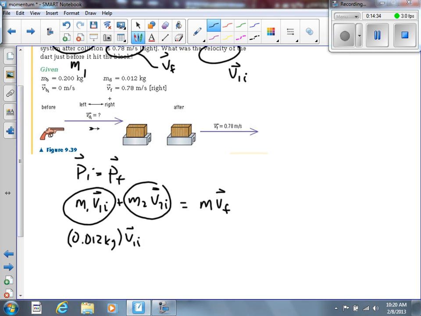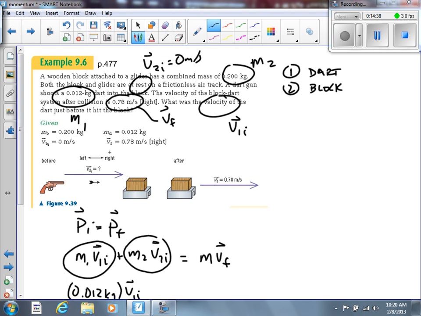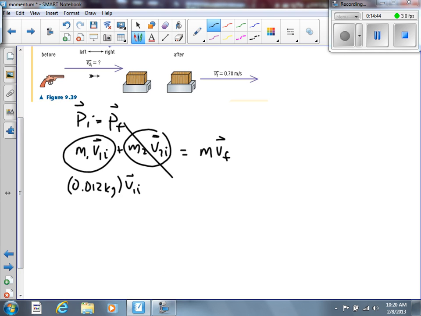What's the initial velocity of this block? The velocity of the block before the collision takes place. It's 0. So if we want to, we can just cross this term off. Because what's 0.200 kilograms times 0? 0. Now, if you want to write those variables in and do the calculation and show that calculation, that's fine. But if you want to take this little shortcut that we've just taken and just cross that term off because we know that one of the variables in that term is 0, then you can go ahead and do that as well.